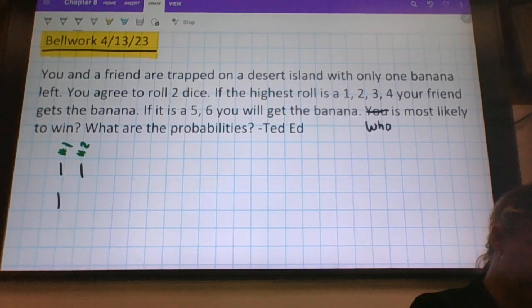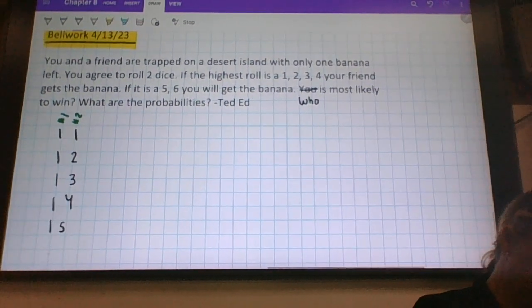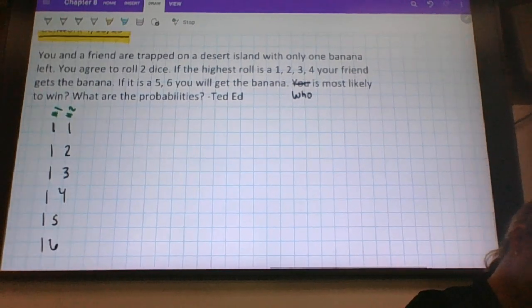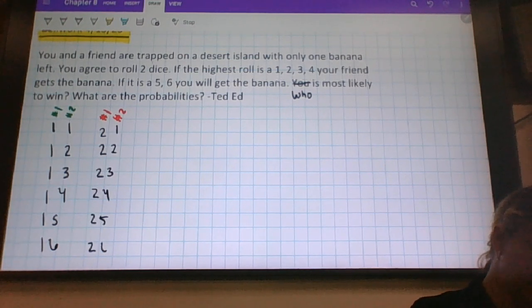Maybe I roll again and get a 1 and a 2, a 1 and a 3, a 1 and a 4, a 1 and a 5, a 1 and a 6. Maybe my first dice is a 2 and my second is a 1, and maybe I get a pair of 2s, a 2 and a 3, a 2 and a 4, a 2 and a 5, a 2 and a 6.